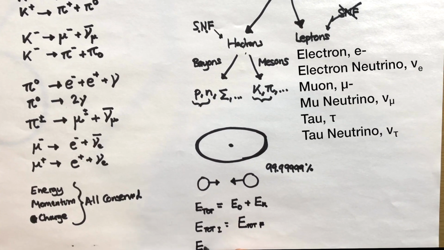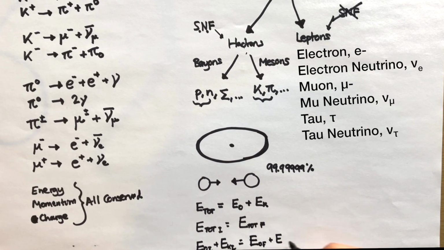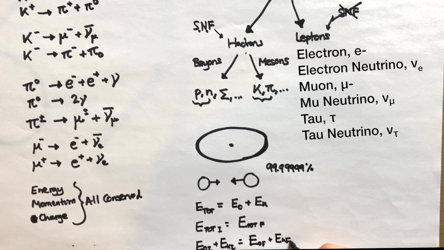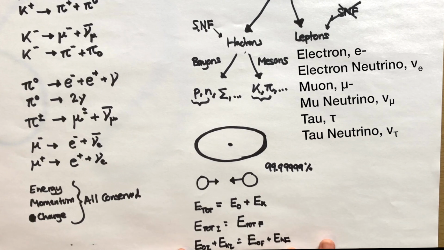That means E0 initial plus EK initial equals E0 final plus EK final.